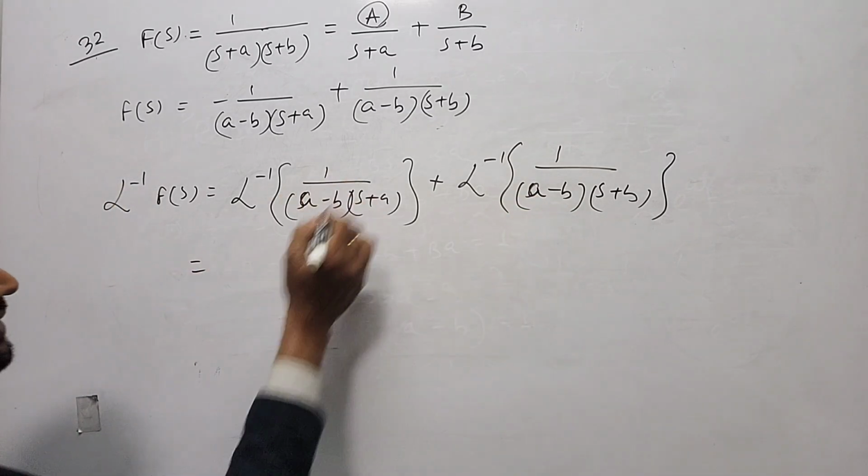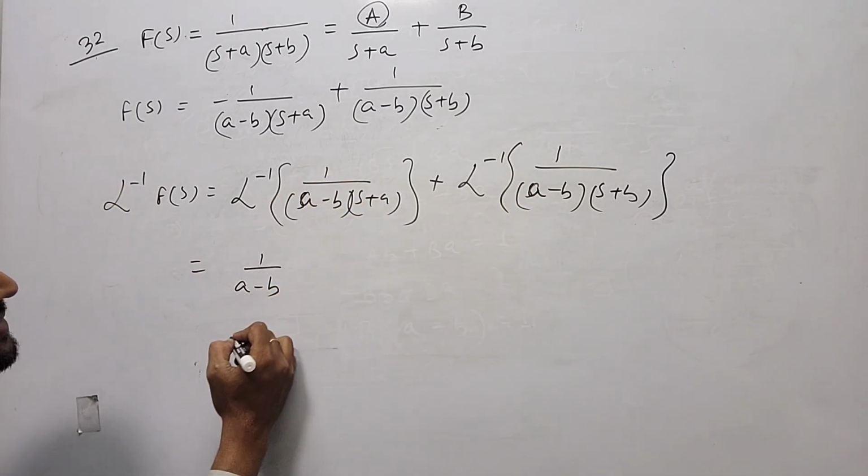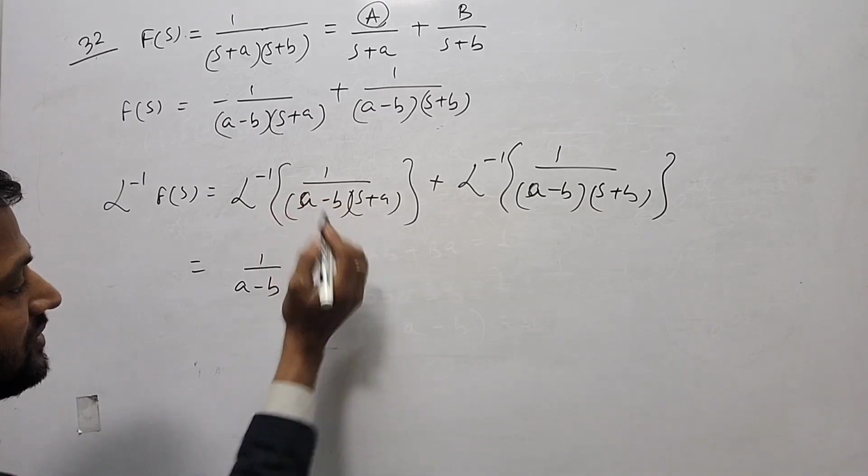So here 1 by a minus b is a constant, so take the constant outside.